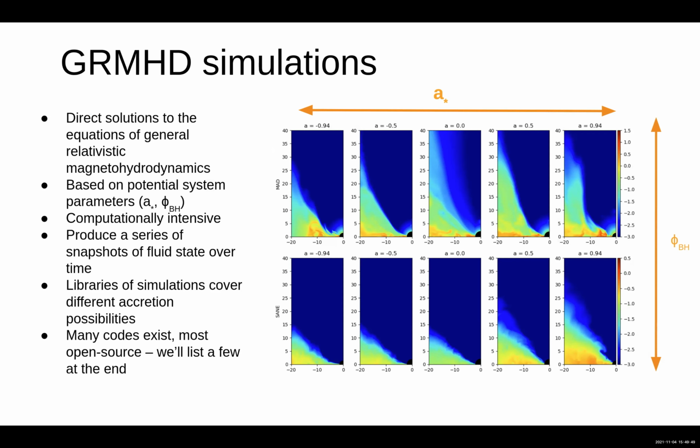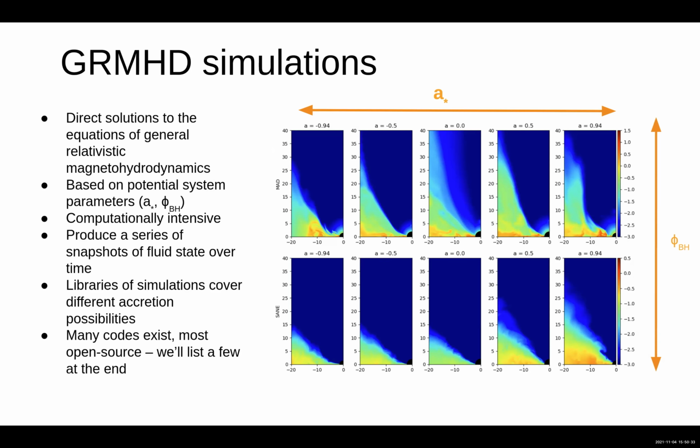So the black hole spin parameter magnitude ranges from 0 to 1, but we simulate both co-rotating and counter-rotating black holes, and then over the phi parameter or magnetization of the disk involved. So this can be a magnetically arrested disk or a standard normal evolution. Those are the two general states that we come up with. So there's sort of a cutoff in disk magnetization that generates these two final states as simulations progress.